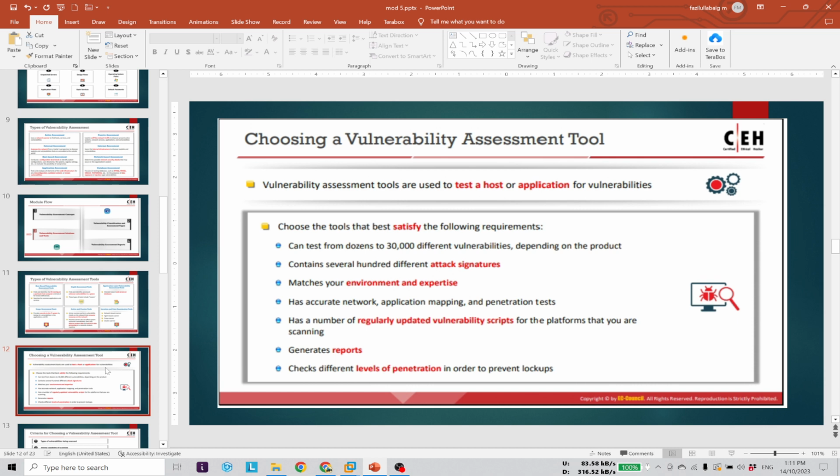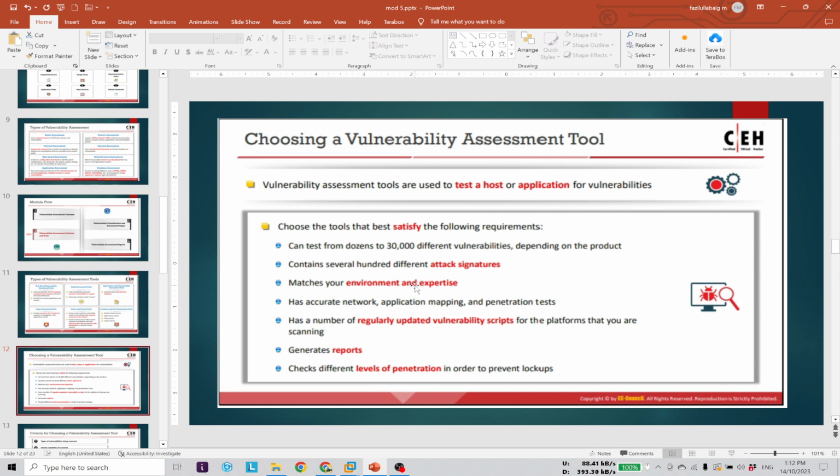Generating reports is a very important thing, because many of the scanners do not generate a report, so we cannot analyze well what vulnerabilities have been discovered. Check different levels of penetration in order to prevent lookups. There are many levels of penetration, automatic and manual also.